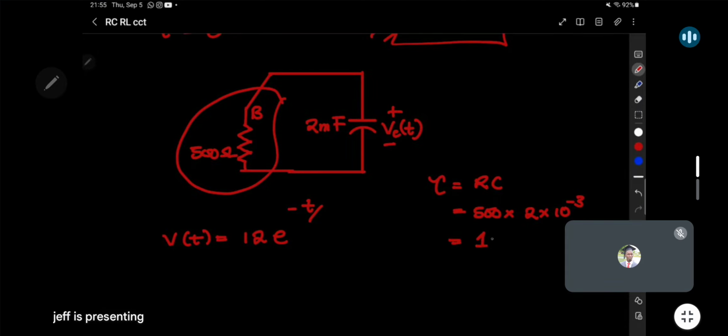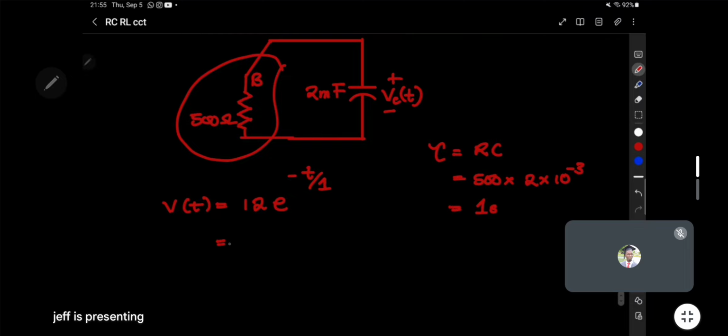And since the unit for the time constant is seconds, this will be over 1. Based on this, our final solution for this orientation will be 12 e to the minus t, for t less than 1, from 0 only up to 1.